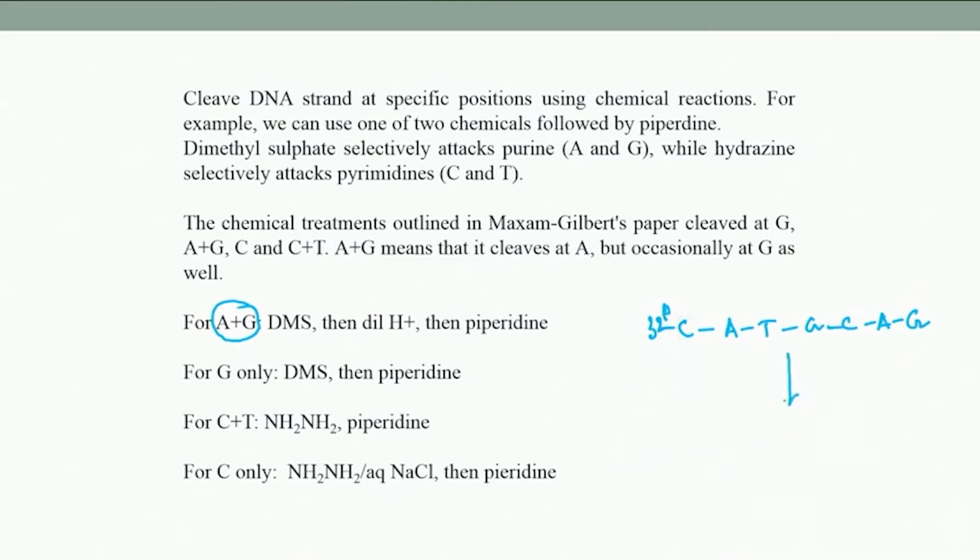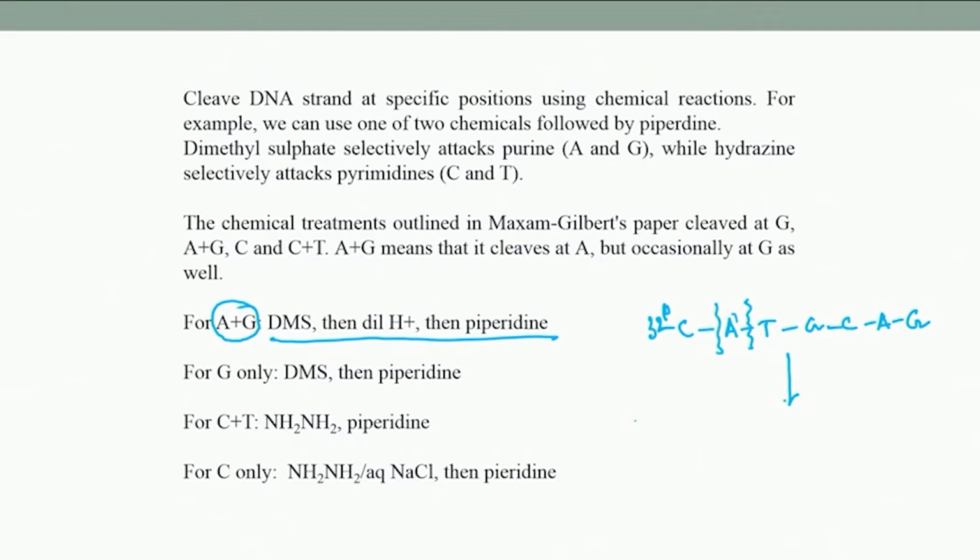And if you utilize this condition, I will come back to this condition, wherever there is A, that will be cleaved. Now, here A is here, the question is which side of A will be cleaved. In protein, chymotrypsin always cleaves on the carbonyl side, not on the left side of phenylalanine, but here the reactions are such that it will actually cleave both sides of A.